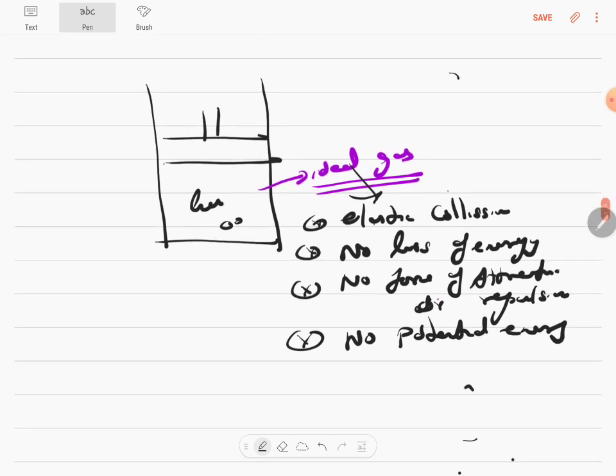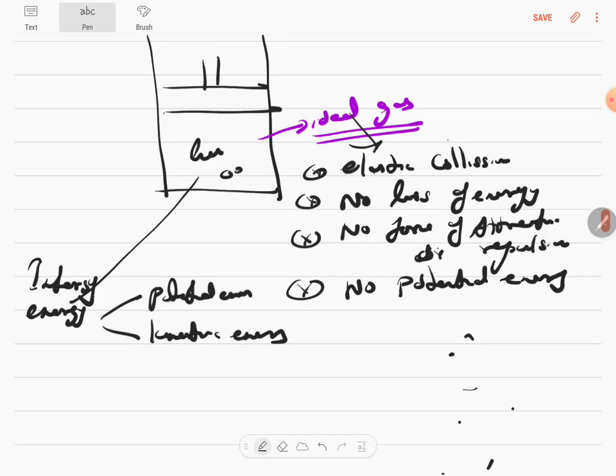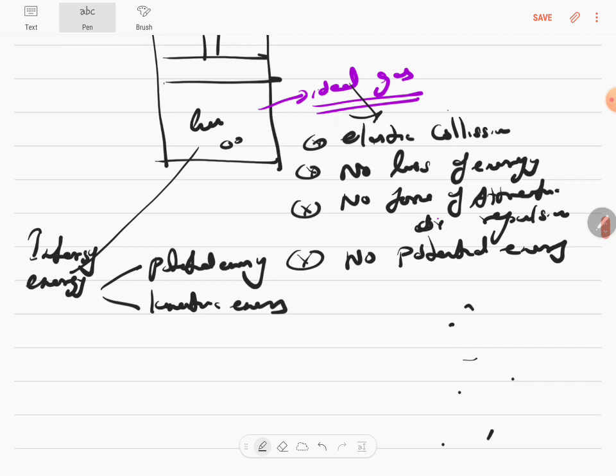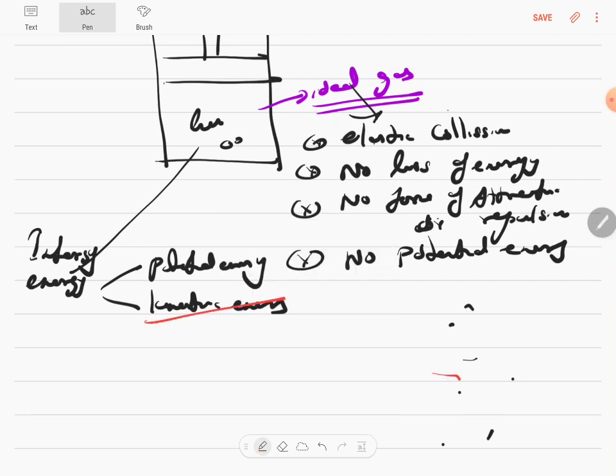But there is an energy. Generally, the energy of a gas can be classified in two kinds: one is potential energy, another is kinetic energy. That's called the internal energy of any system. However, I just showed that in an ideal gas there is no potential energy, due to these reasons.